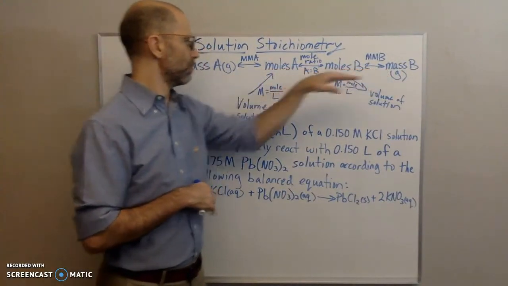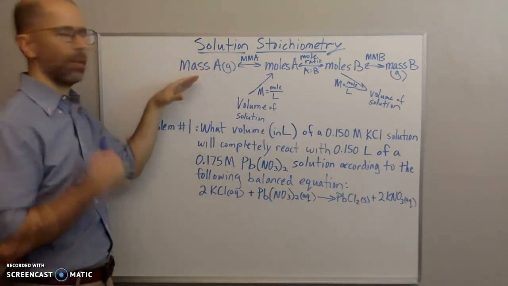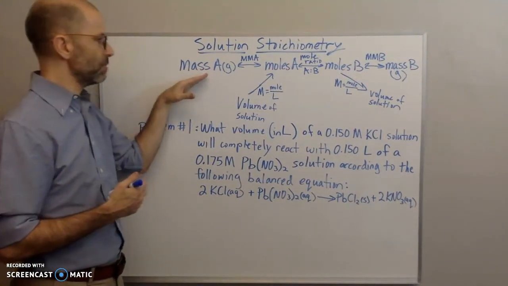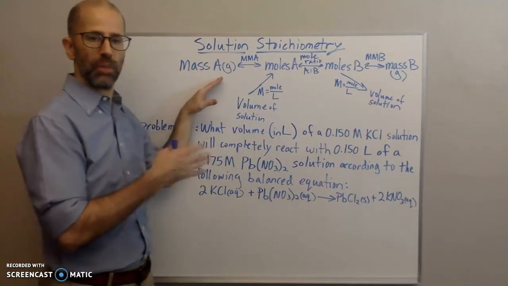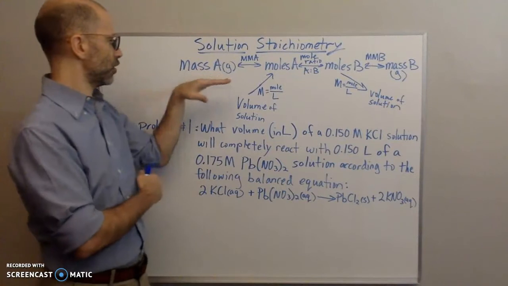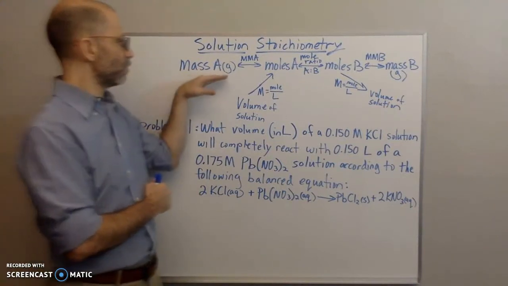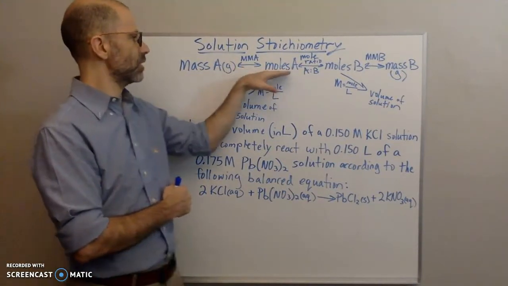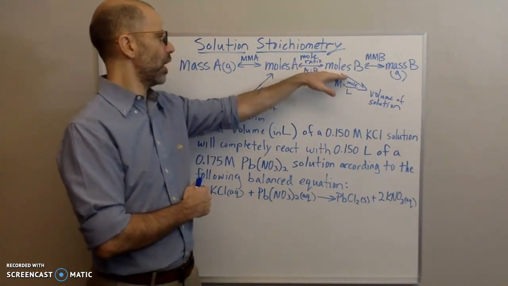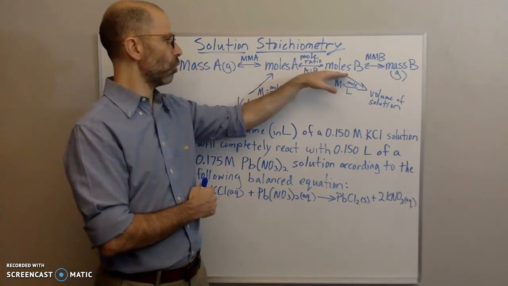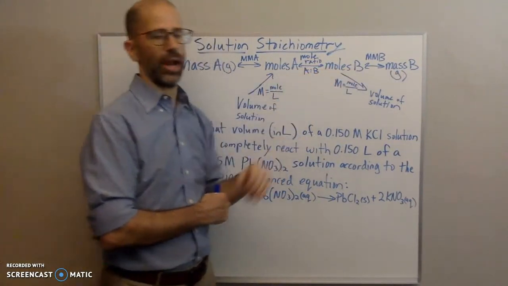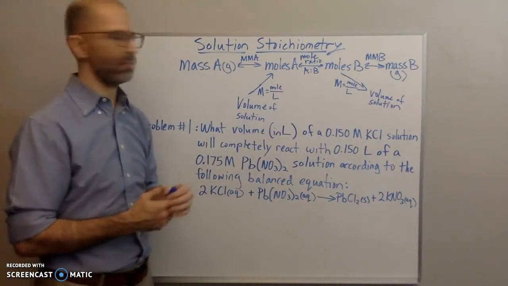So if I give you the mass of one thing that's part of a balanced equation, and I want the mass of a different thing, you would start here, convert to moles using molar mass, then use the mole ratio in the balanced equation to convert moles to moles, and then convert moles of that substance to grams using its molar mass.